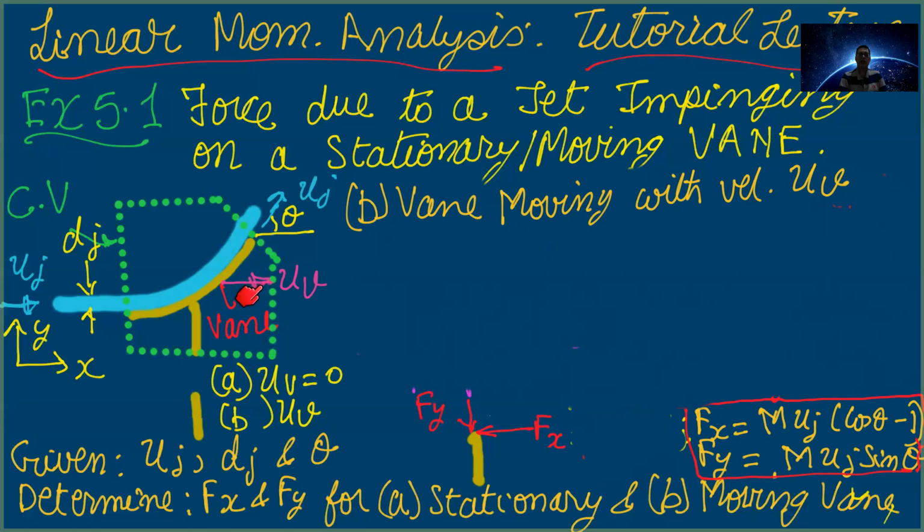Note that in this topic, we consider a situation which we call an inertial control volume, where it can be stationary or moving at a constant velocity. We are not considering the problem of an accelerated control volume or a non-inertial frame of reference. So when this vane is moving with a constant velocity uv, we take a control volume which is moving with the velocity of the vane.